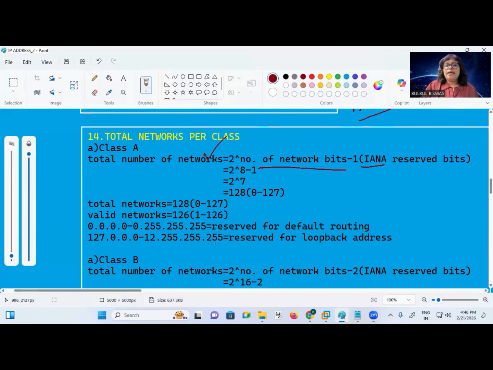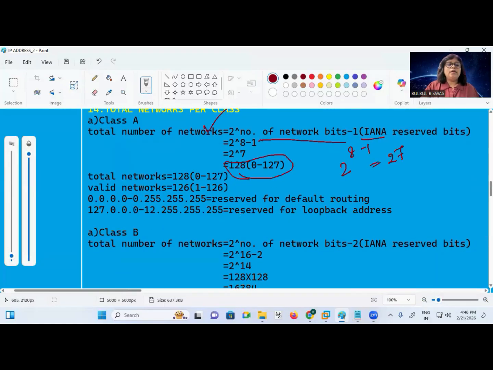In class A, network bits are 8. That means 2 to the power 8 minus 1, that is 2 to the power 7. 128 networks are possible from class A. You can see the total is 128, valid is 126, because 0 network cannot be used and 127 also cannot be used. 0 is reserved for default routing and 127 is reserved for our loopback address.